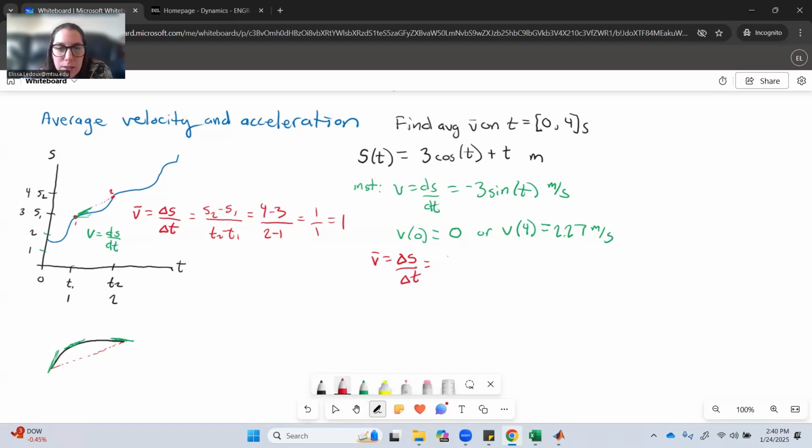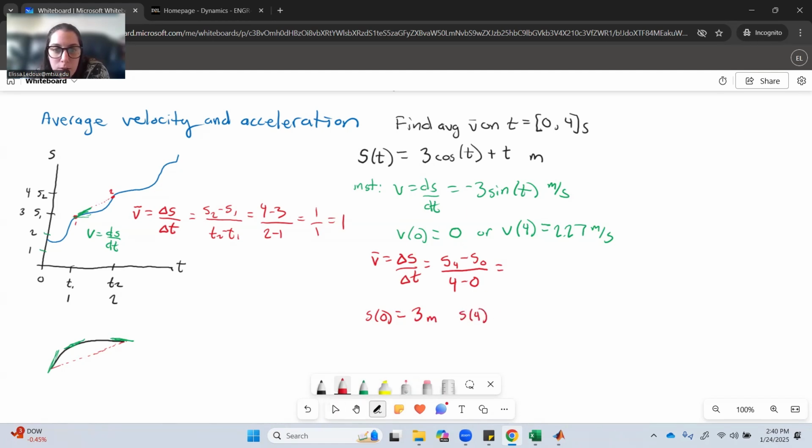So this will be s of 4 minus s of 0 over 4 minus 0. So to get the average velocity, we have to actually plug in the values for position and find that. So s of 0, if we plug in 0 for t, we get 3 times cosine of 0, which is just 3, plus 0. S of 0 equals 3 meters.